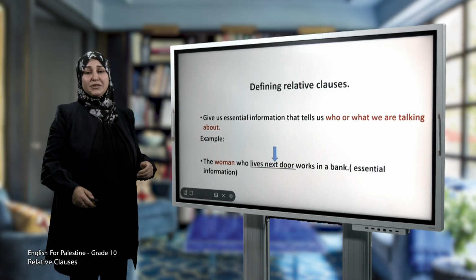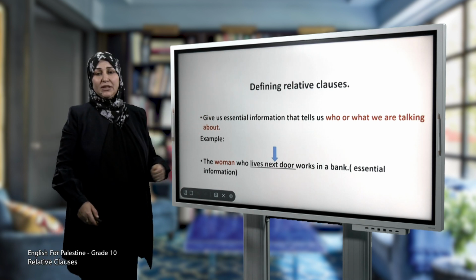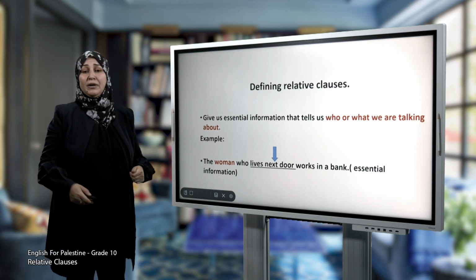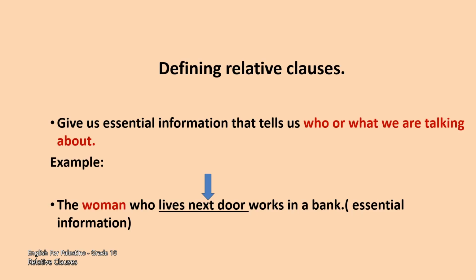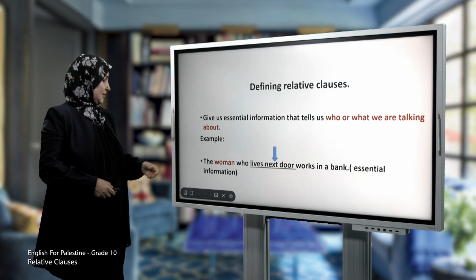First, we are going to talk about defining relative clauses and what we mean by them. They give us essential information that tells us who or what we are talking about. Example: the woman who lives next door works in a bank.